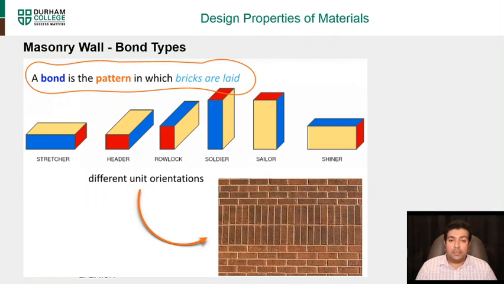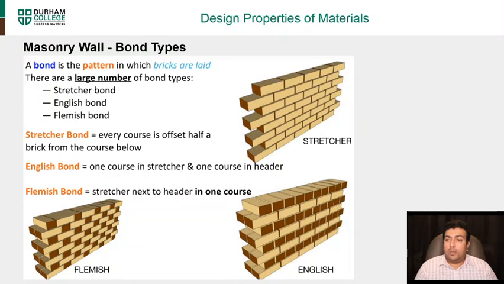And if it's put like this, it's called a shiner. So these are common terminologies, and different unit orientations. You can see here the way they are installed. So these are soldiers, and these are the stretchers, right? Now there are different combinations, different types that we call, and very common ones.